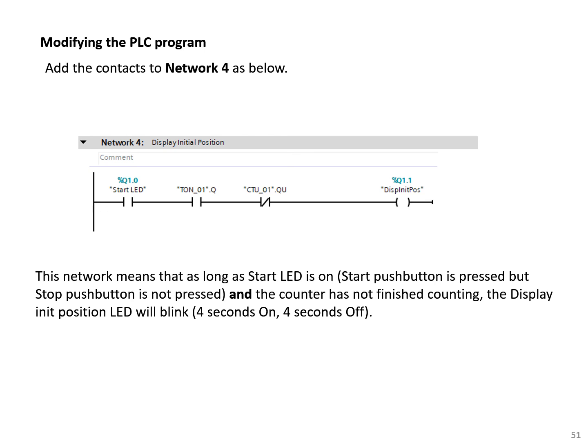this is a display initial position LED. So this network means that as long as the start LED is on, start push button is pressed, but stop push button is not pressed, and the counter has not finished counting, the display initial position LED will blink 4 seconds on, 4 seconds off.